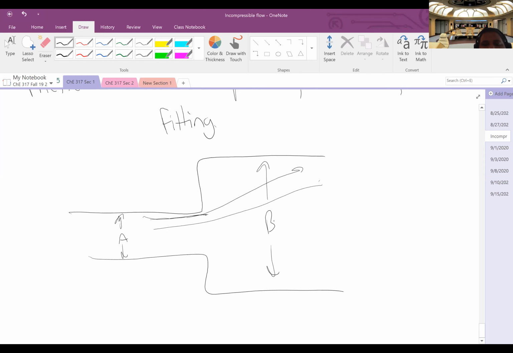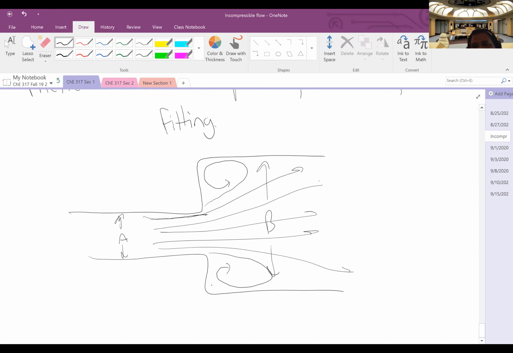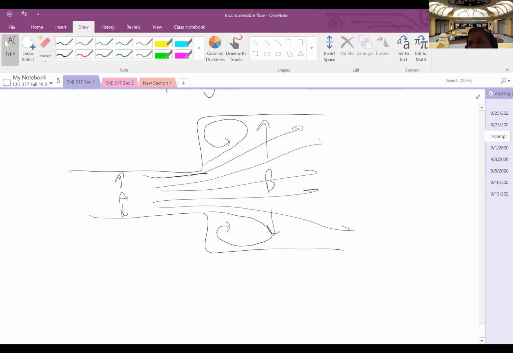And so in general, the flow is going to exist like this, which means there are dead spaces, which means the pressure is going to eventually pull fluid backwards. And so what you're going to get is vortices forming at those edges, and that vortex behavior is going to result in energy losses within our system.